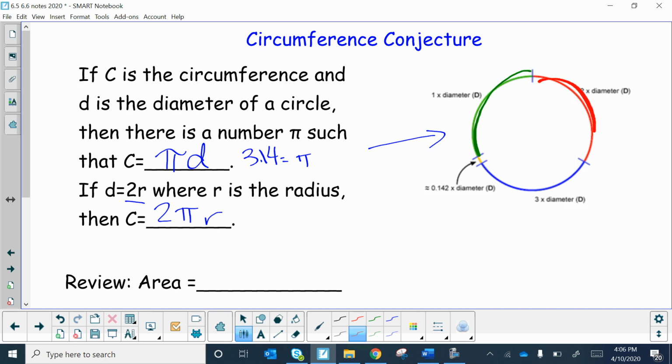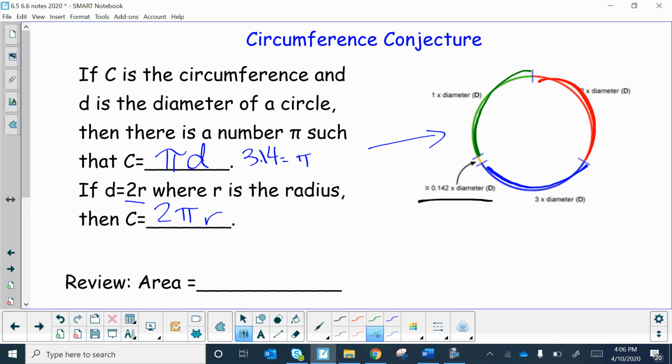Here's the second diameter. Here's the third diameter, and then there's that one little piece left right there that is about 0.142 of a diameter. And that's how the ratio works out. There's 3.14 diameters around the length of a circle, which is called circumference.